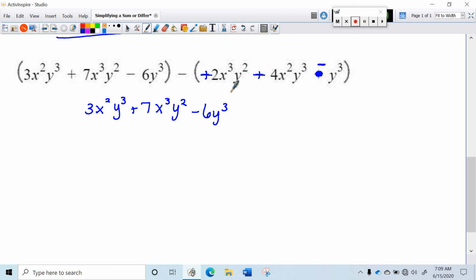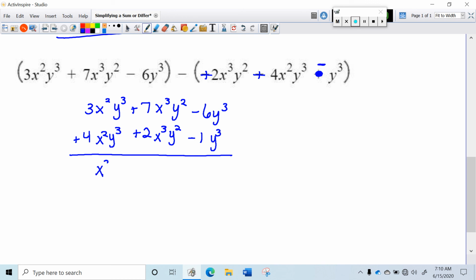Okay, x cubed y squared is a positive 2. x squared y cubed is a positive 4. And y cubed is a -1.